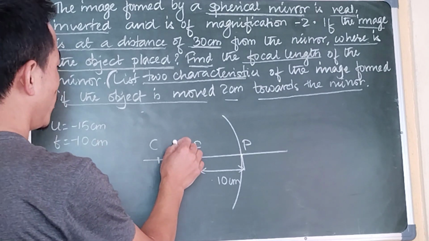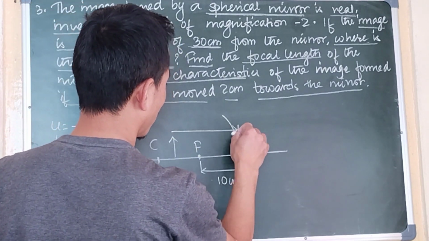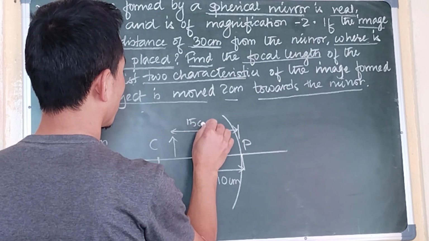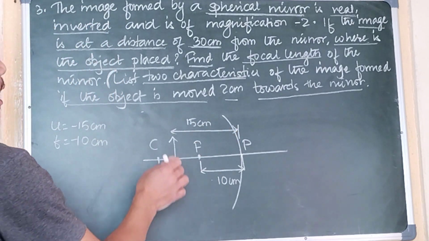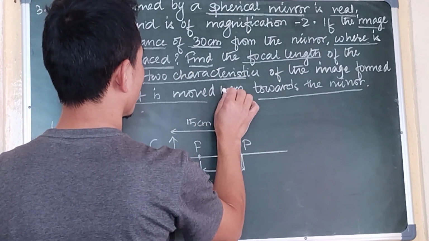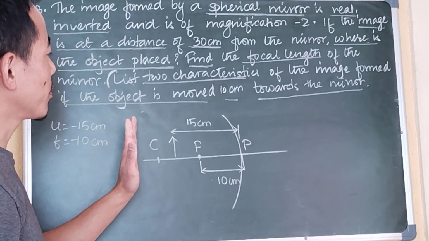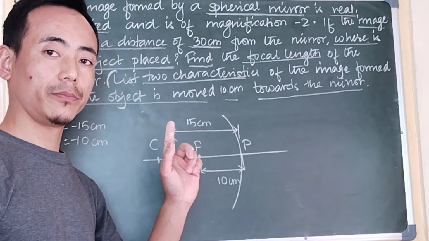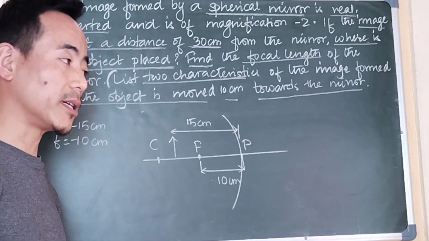Initially we have an object somewhere here at a distance of 15 centimeter. Now the question says we have to move the object by, I think this is 10 centimeter, not 2 centimeter. You have to take this object towards the mirror by a distance of 10 centimeter.